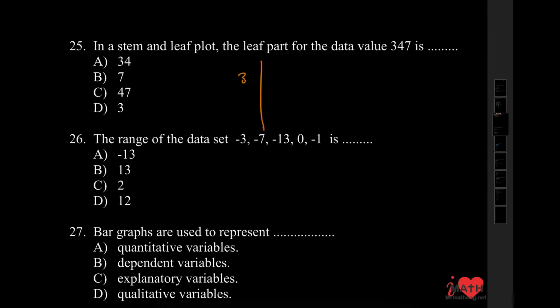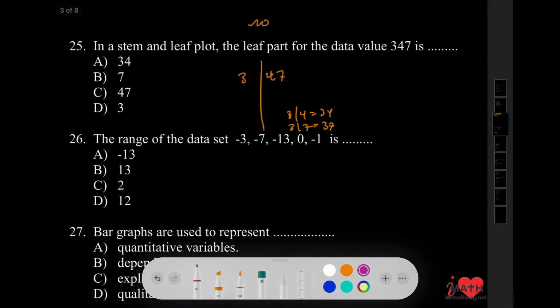I would not use this, no, because this would represent 34, right? And 3-7 would represent 37. So I wrote orange, no. So the leaf cannot represent orange. We said that would be a no.